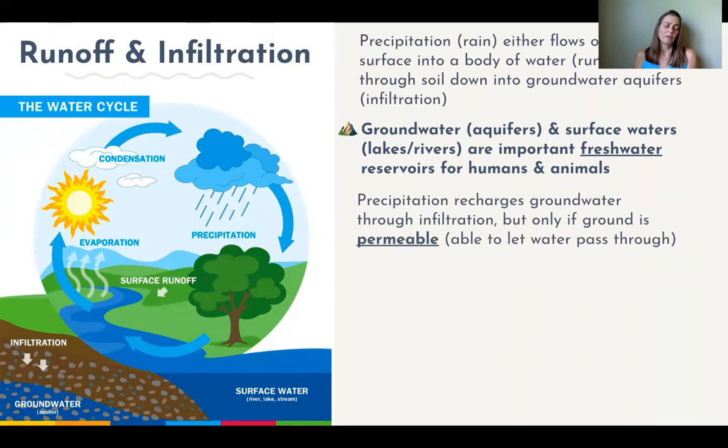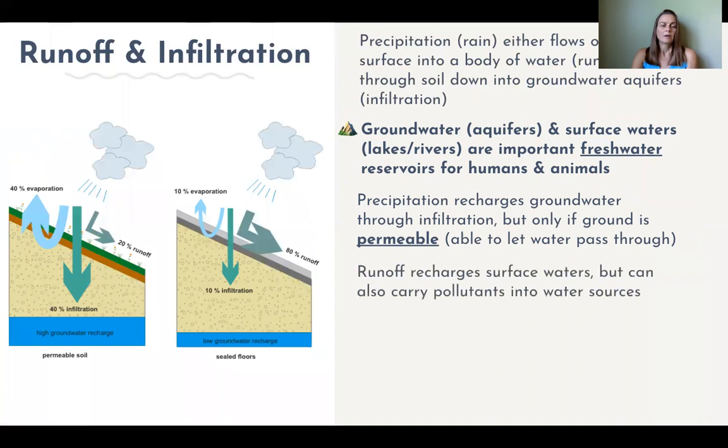Groundwater can be recharged by precipitation, but only if the ground is permeable, meaning that it's able to allow water to pass through. Really parched land and really hard land are not nearly as permeable. Runoff recharges those surface waters, but if the area that it's running over has pollutants on it, it can also carry pollutants into the water sources.